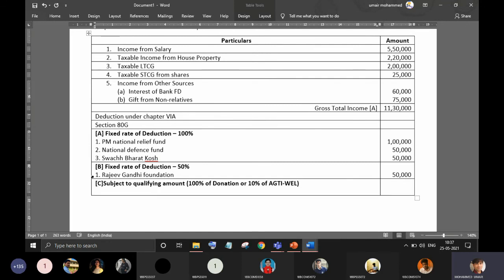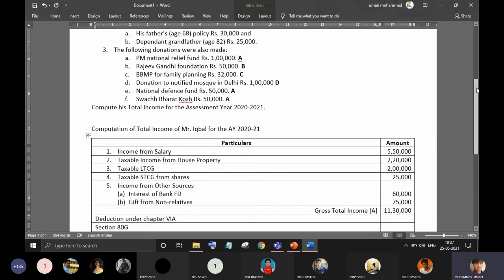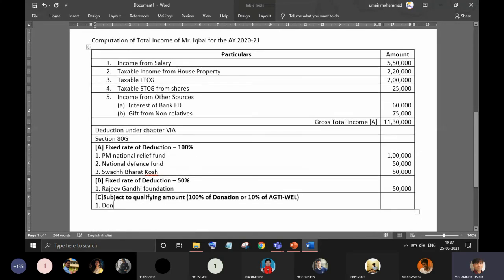So under this category, what are the donations? Category C, we have only one, BBMP. So donation to local authority, BBMP, for family planning.